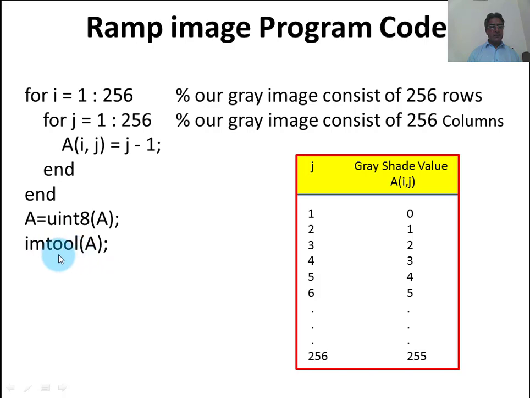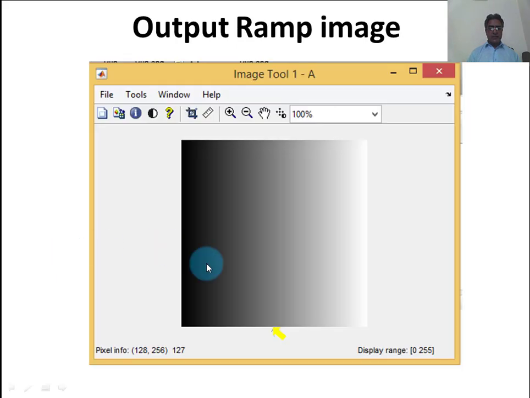This line shows the output of the image. How this output will look, here you may see this is our gray image. This portion is dark and this portion is white, and in between there are dark gray levels, and then medium, and then light gray levels.